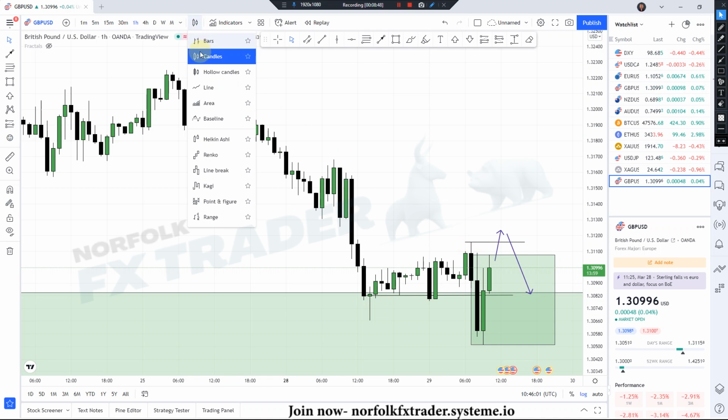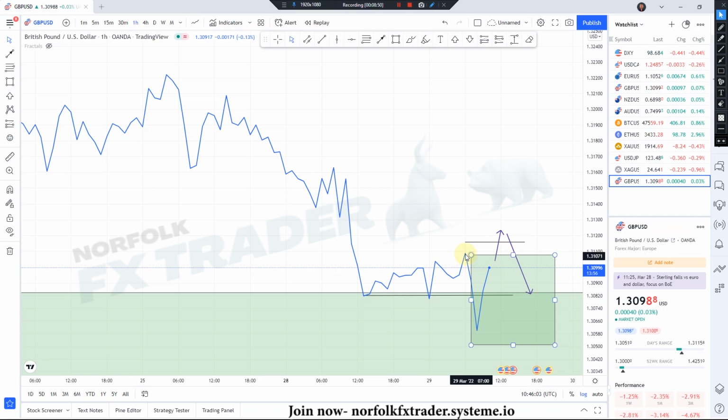Now on a line chart, you're not going to see that wick. You're just going to see where the close price or open price is of those candles. But the concept is you can still identify this is where those lower highs are being made as price goes lower. And just like we saw in the daily time frame where we had an area where we see a consolidation, we're seeing that on a 1 hour time frame.